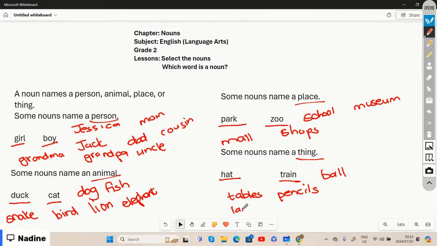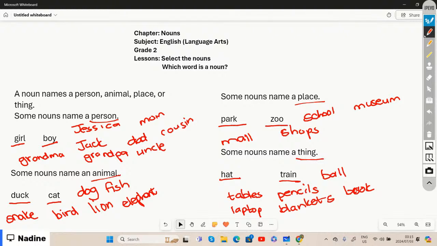Even a laptop is a thing, computer, right? Blankets, they are things. Books are things, right? And these are but a few things that we can make mention of.